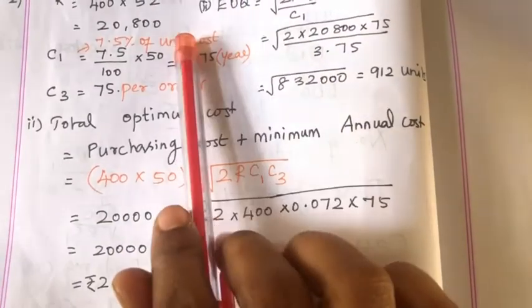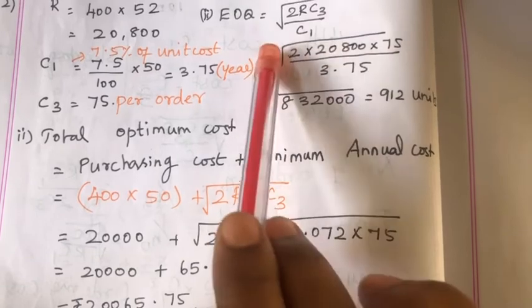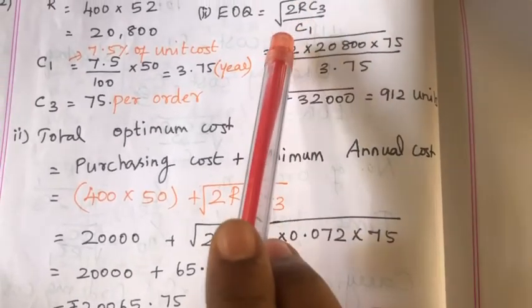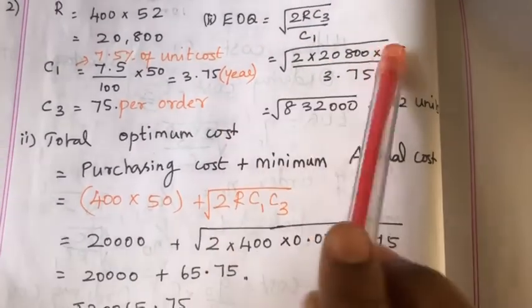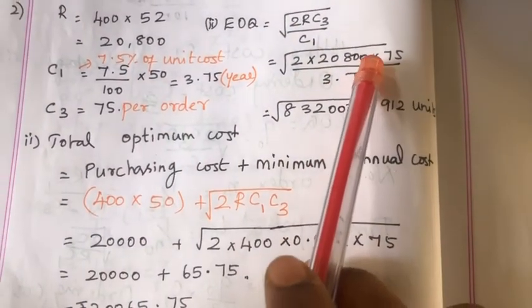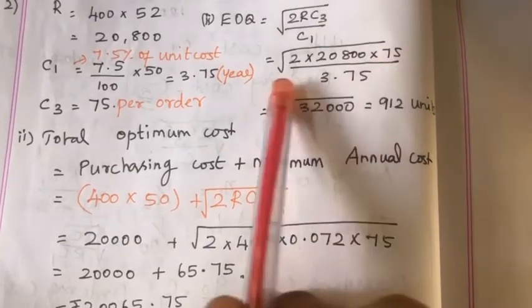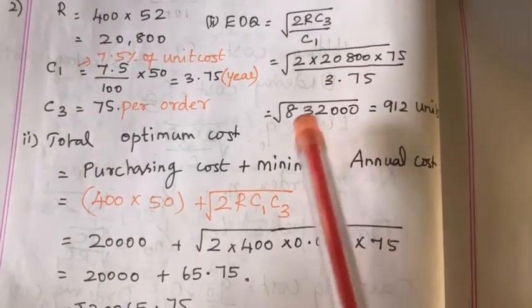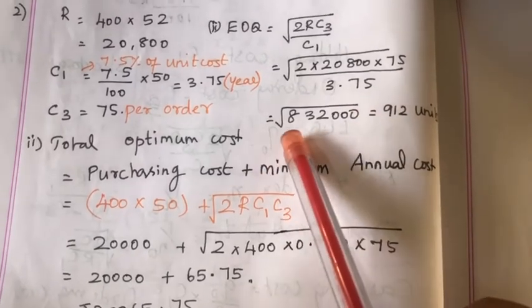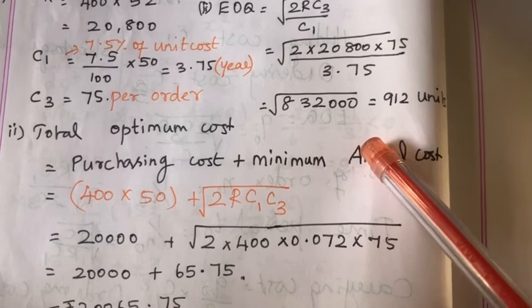So, first we have to find EOQ. EOQ is equal to square root of 2RC3 divided by C1, that is square root of 2 into R is 20,800 into C3 is 75 divided by 3.75, that is square root of 8,32,000, that is equal to 912 units.